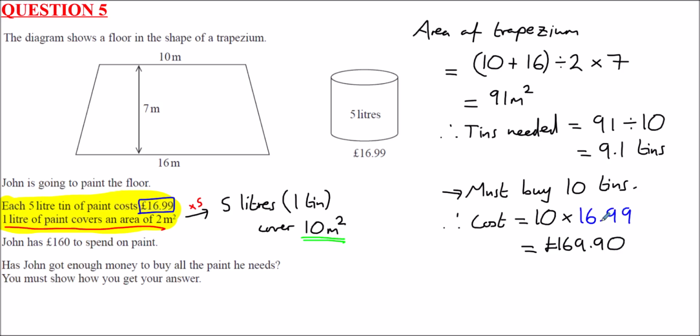The only trouble is, he's only got £160 to spend. So what he's having to spend is actually more than what he's got. So ultimately the question, does he have enough money? He doesn't. He's £9.90 short. So ultimately, no. John does not have enough money.